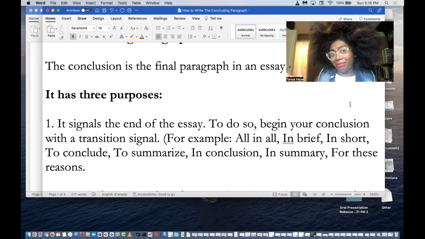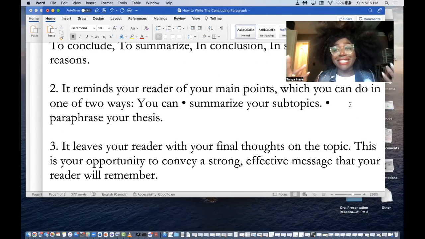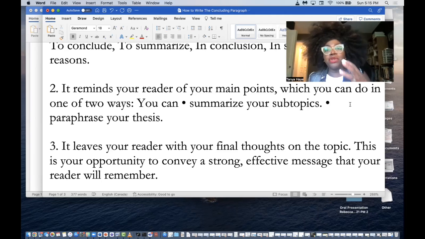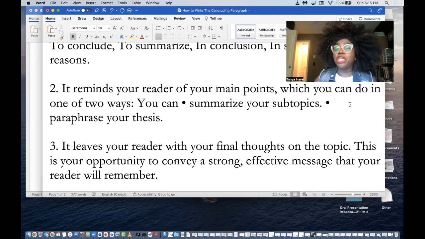You have to. Now, in addition to signaling the end, it is also supposed to remind your reader of your main points. And you can do this by summarizing your subtopics or by paraphrasing the thesis. Don't write it the way you wrote it in the introduction, but find some new words that keep the same meaning, of course.